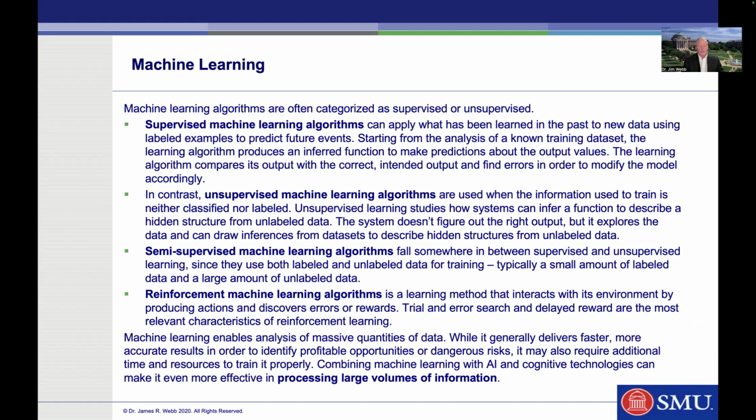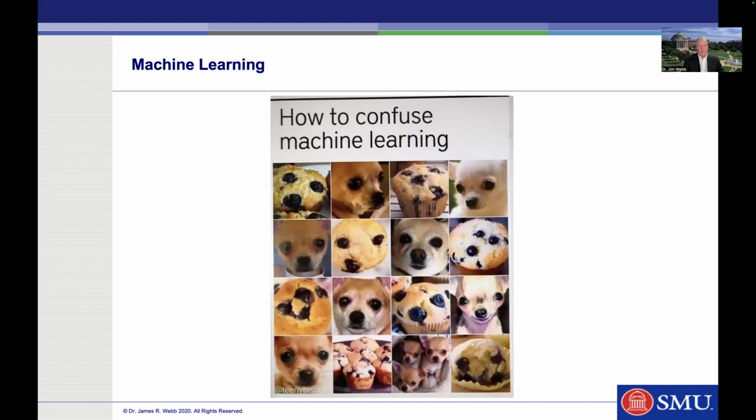The trick here, though, is processing large volumes of information. The more information that the machine learning algorithms can get, the more accurate they're probably going to be. So here's how you can confuse machine learning a lot. When it first starts out, it sometimes doesn't know anything. One of the biggest uses of artificial intelligence these days is facial recognition.